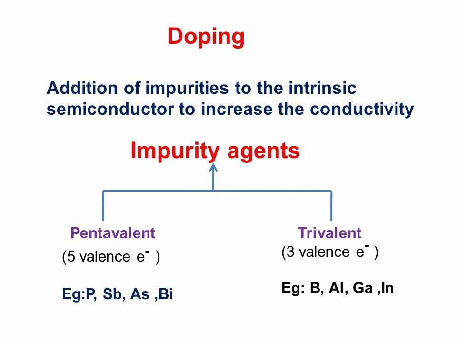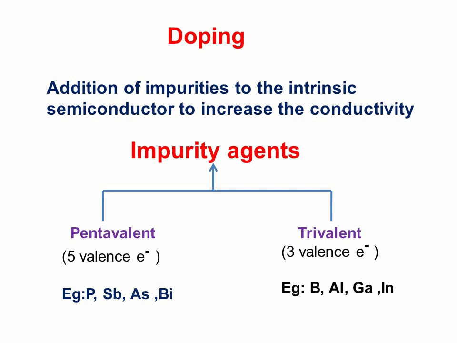Based on impurity agents, it is classified into two, namely pentavalent and trivalent. Pentavalent is nothing but which has 5 valence electrons. Example of that materials: phosphorus, antimony, arsenic and bismuth.